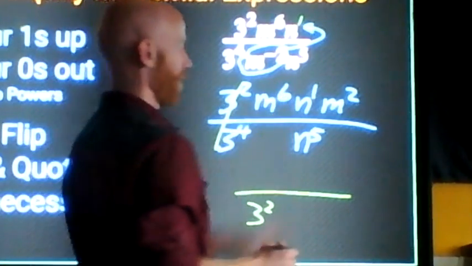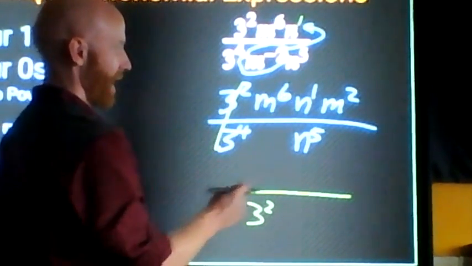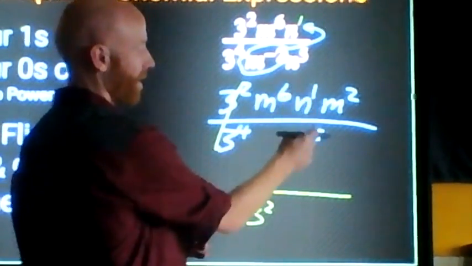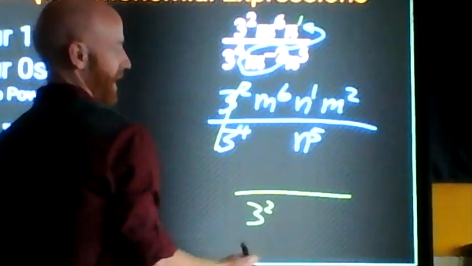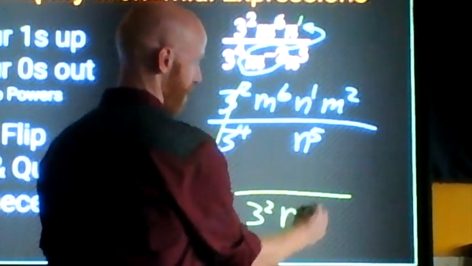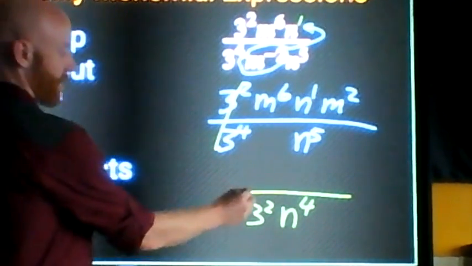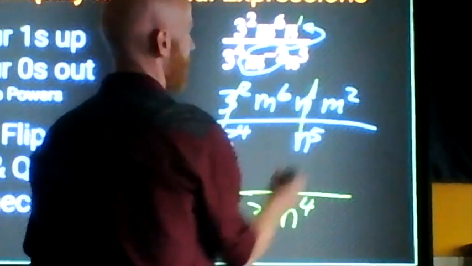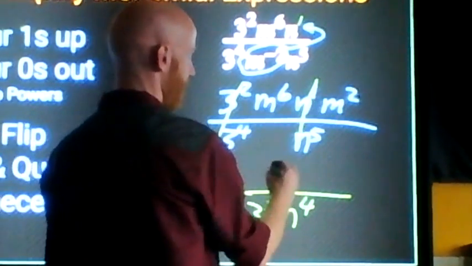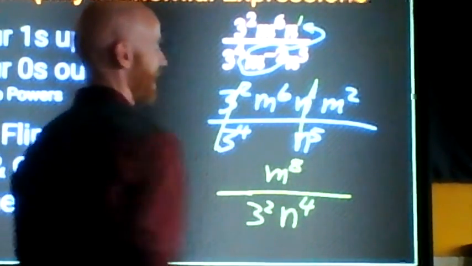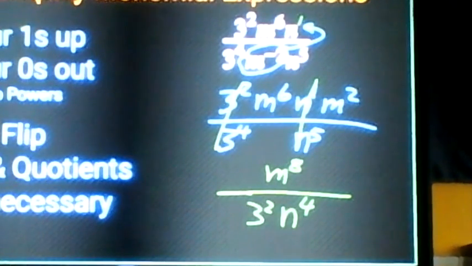My n terms, I will have the 1 n up top cancel 1 n in the bottom, so I'll be left with 4 n's in the denominator. And my m terms, 6 m's times 2 m's, altogether is 8 m's being multiplied. All right, that's the final answer.